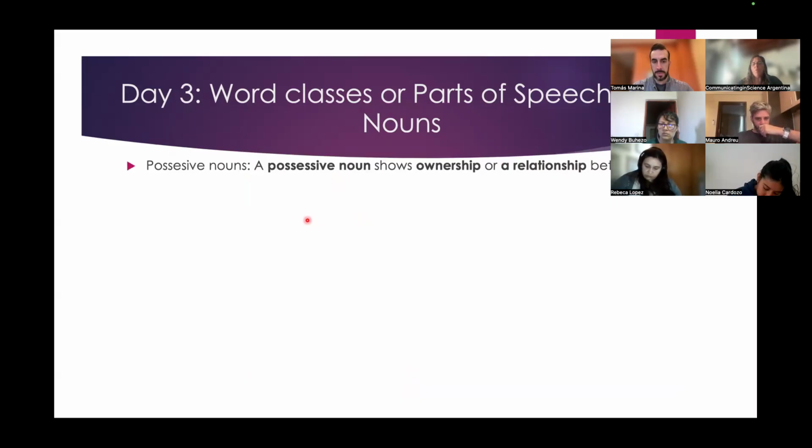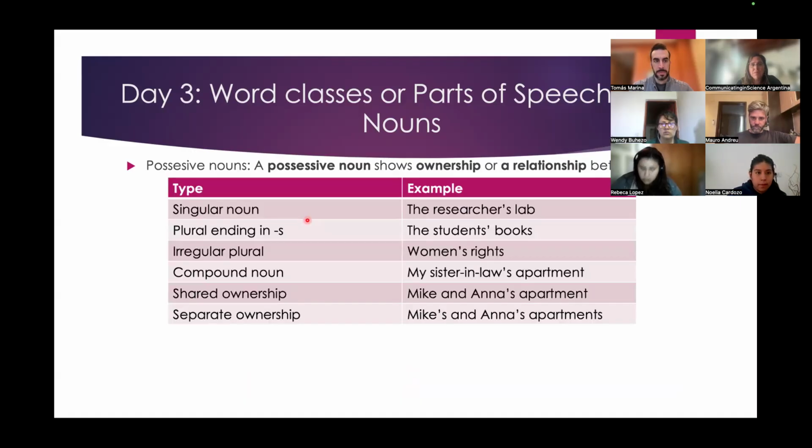Okay. We have a particular type of noun, which is the possessive noun. And I'm sure that when I show you this, you will say, oh, I've seen that. These possessive nouns show ownership or a relationship between things. Here we have examples.